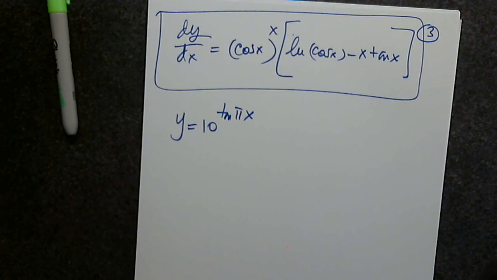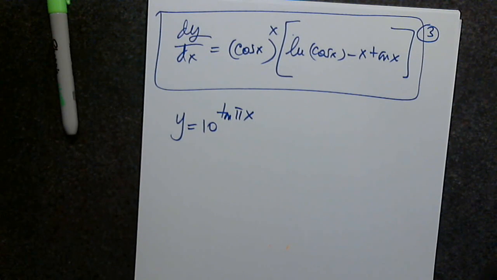It would be e to the tangent, times secant squared pi x, times pi. But it's not e, it's 10. So at the very end, I need to multiply by natural log 10. If it were e, I would multiply by natural log e, but natural log e is 1, so I don't have to.